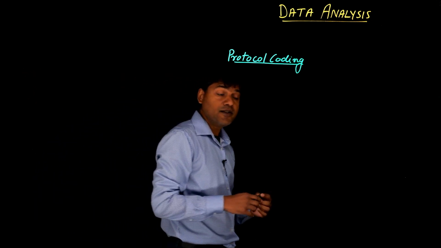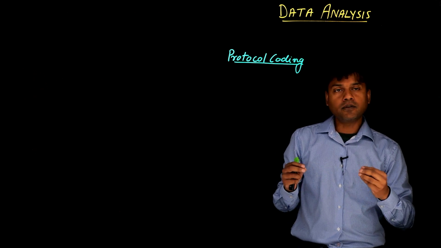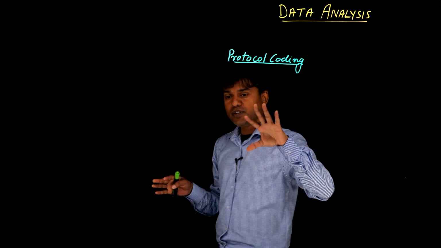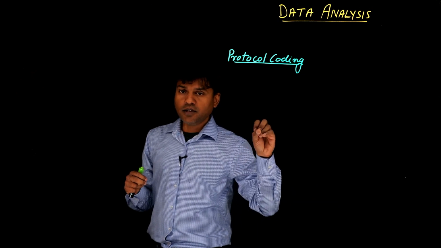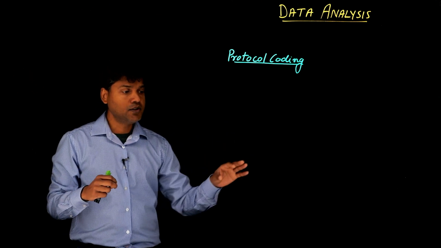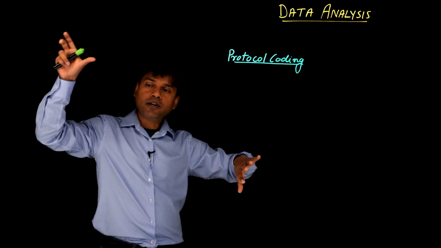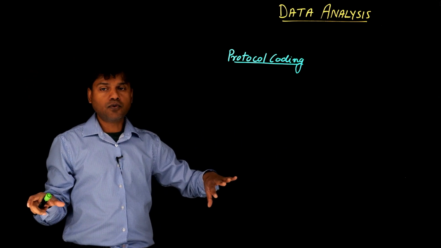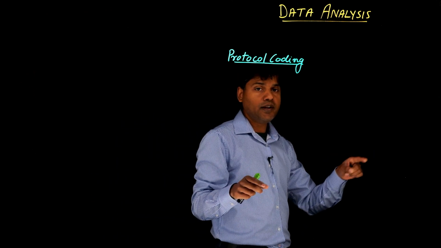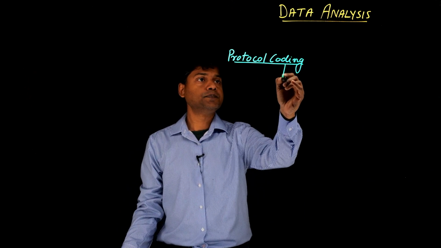What is a coding framework? We decide what codes we want to use in advance. So before we start coding the data, interview transcript or observation data or any kind of document data, we have already decided the codes for what we are looking for. And then we start coding. So to do that, you first develop a coding framework.